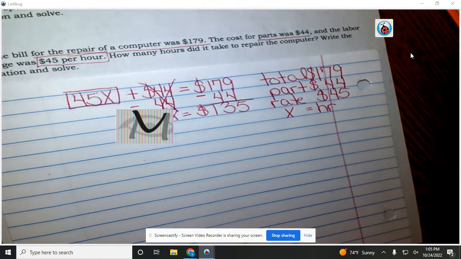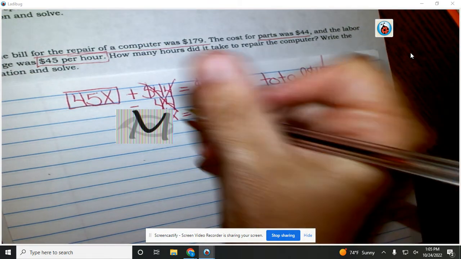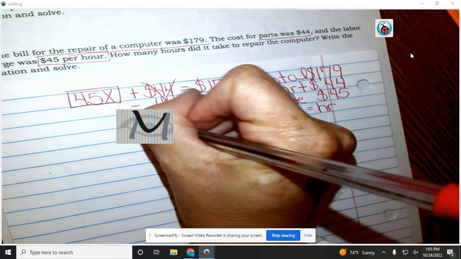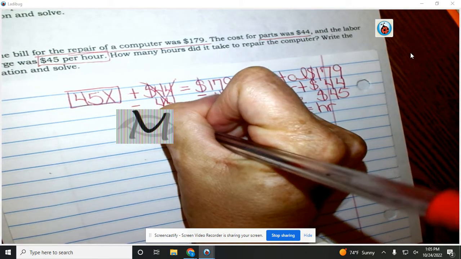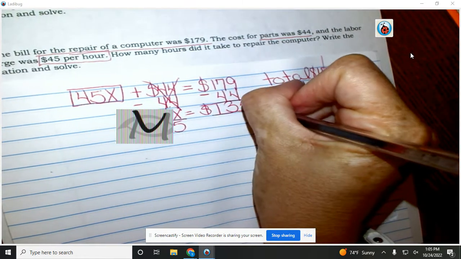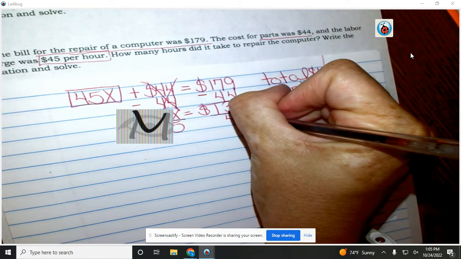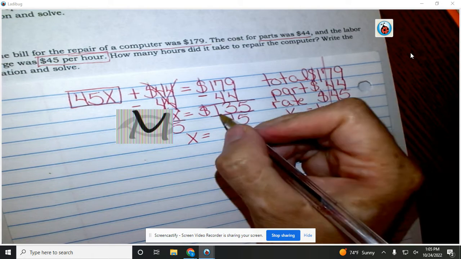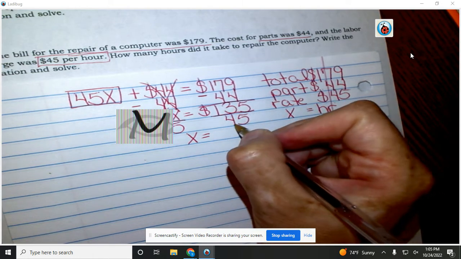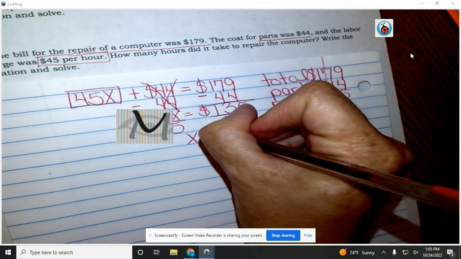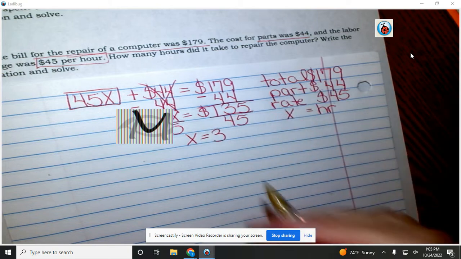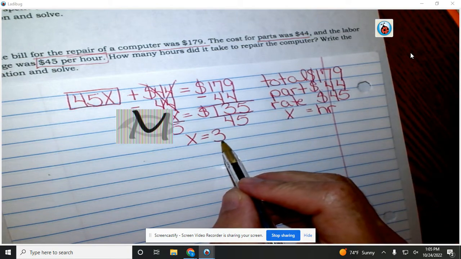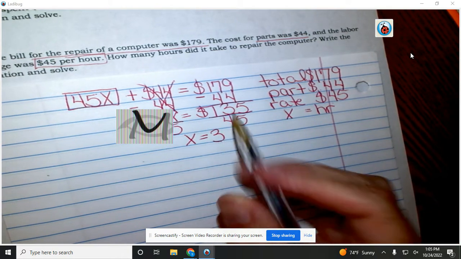We know that 45x is multiplication, so we have to do the opposite of that, which would be division. So we're going to divide each side by 45, which is telling me that x equals $135 divided by $45, which means it took that repair person 3 hours to fix the repair.